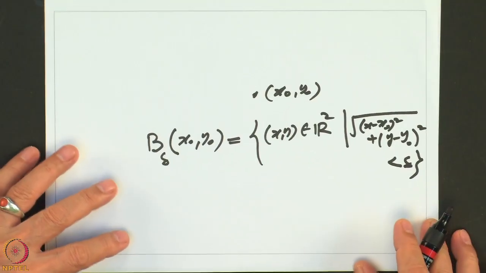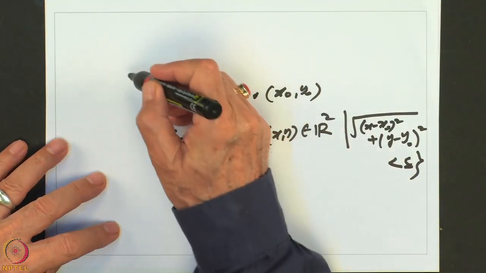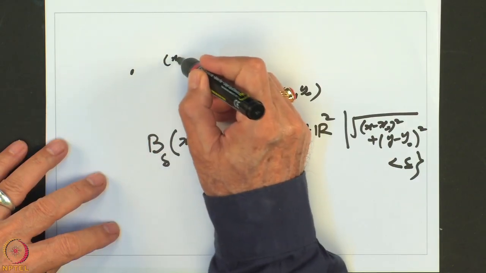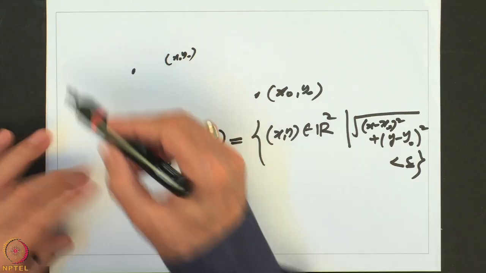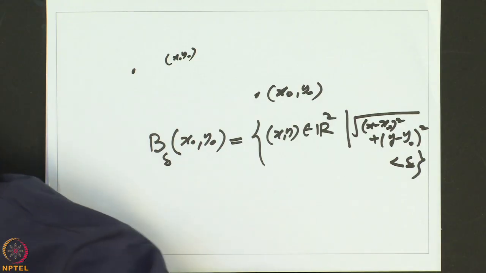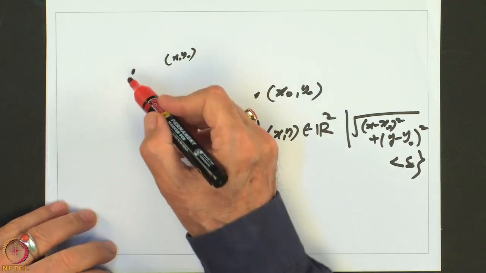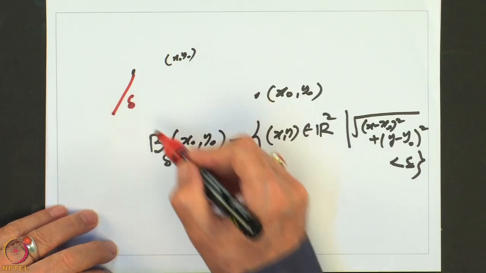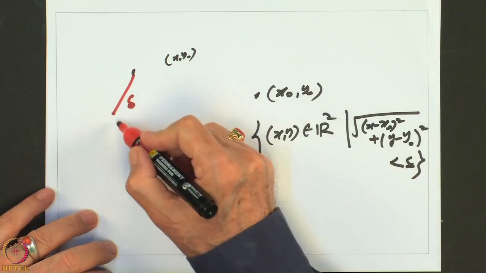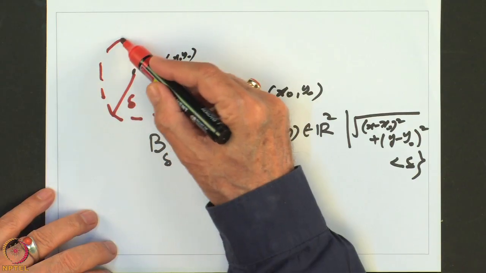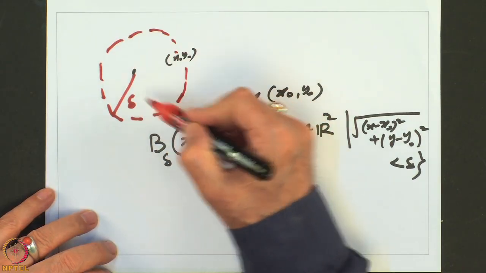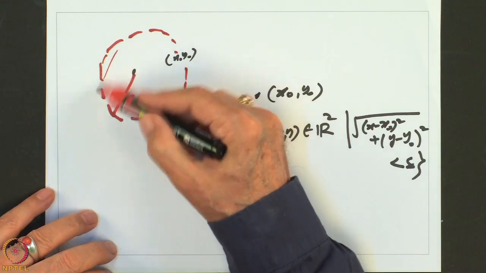So, this is a set of all points, and in the picture, if this is the point (x0, y0), then these points are the points which are at a distance of less than delta. That means you are looking at all points in the disk, but the boundary is not going to be included.